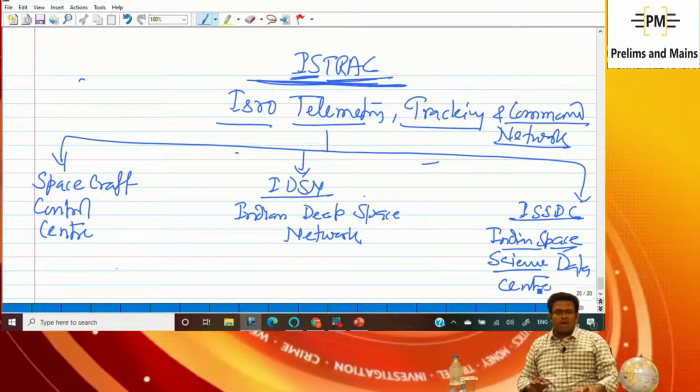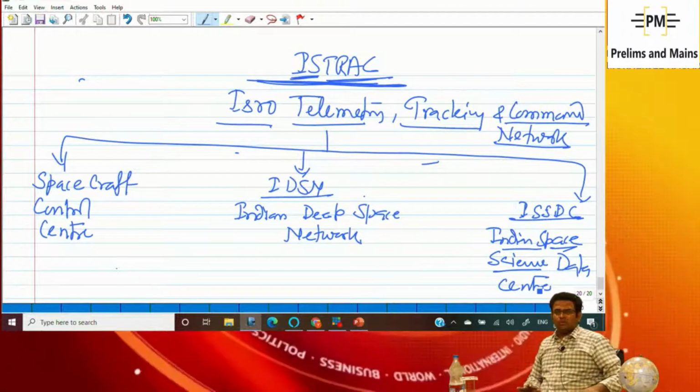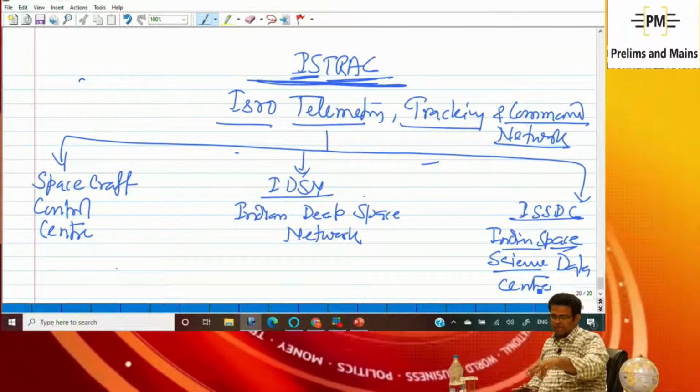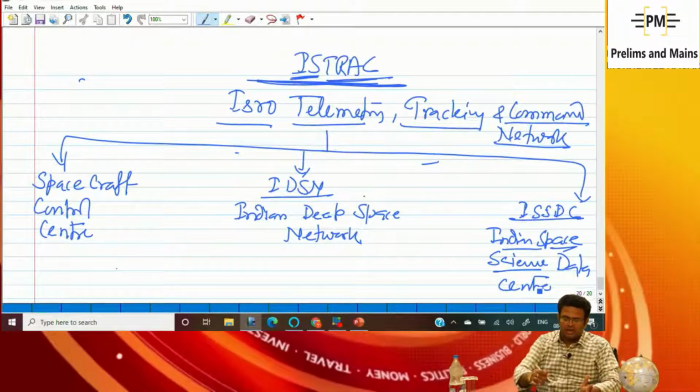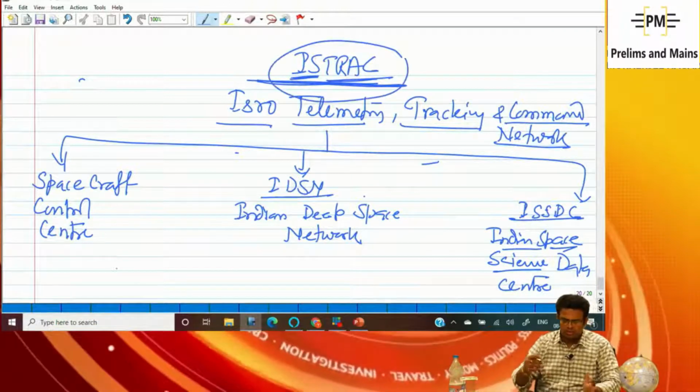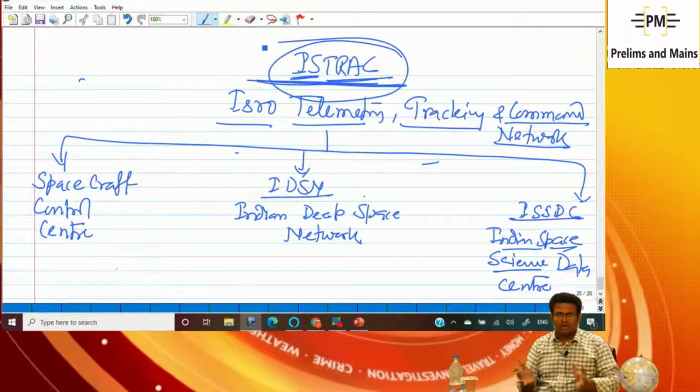All these organizations are in Bangalore. Remember that, and the head body is ISTRAC. ISTRAC is controlling all this.